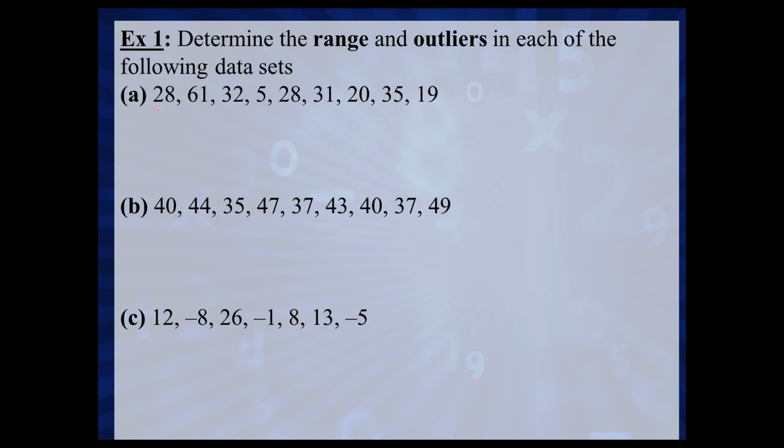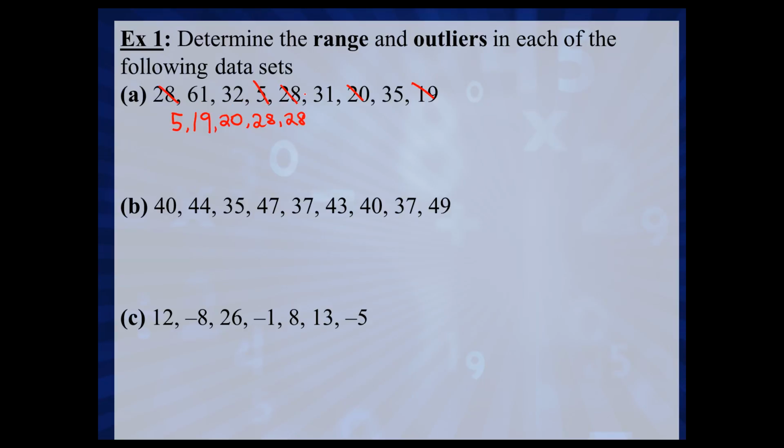Now, first things first, to most easily identify the max and the min values, we want to take this data set and write it in ascending order. From smallest to biggest, we start off with 5 is the smallest number. And then we would have 19, and then 20, and then 28, and that occurs a couple of times, 28, 28.